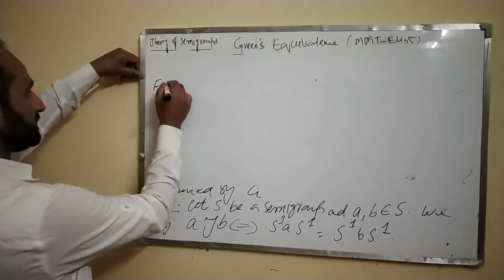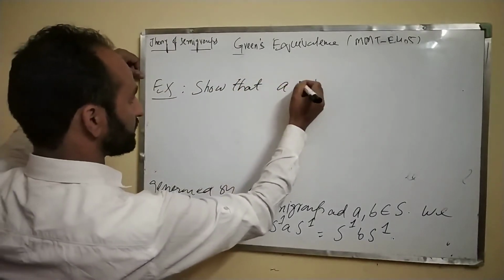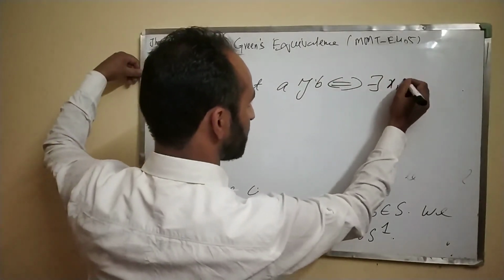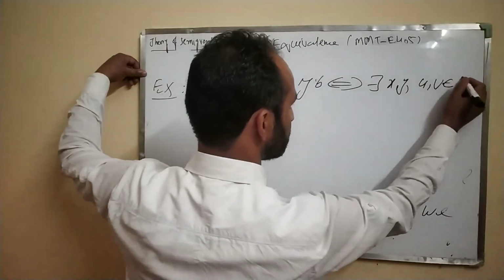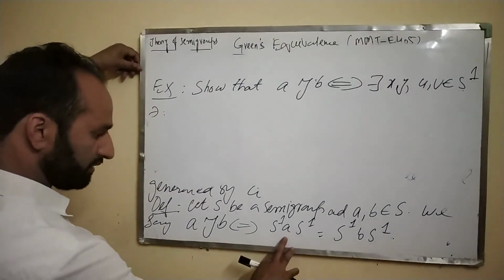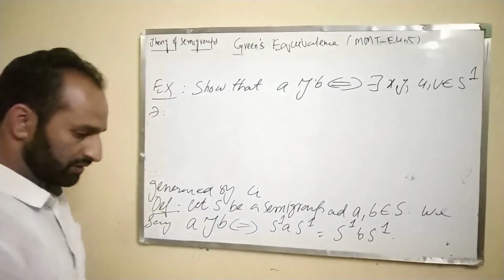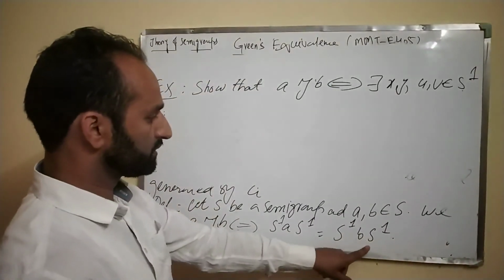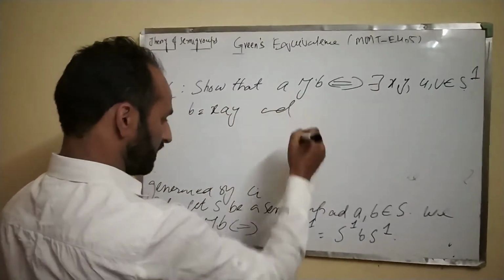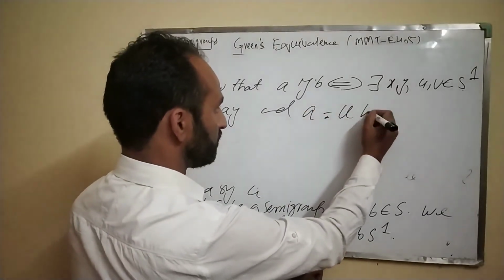Exercise: show that A is J related to B if and only if there are four elements X, Y, U, V belonging to S¹ such that B is equal to XAY, and second, A must be equal to UBV.